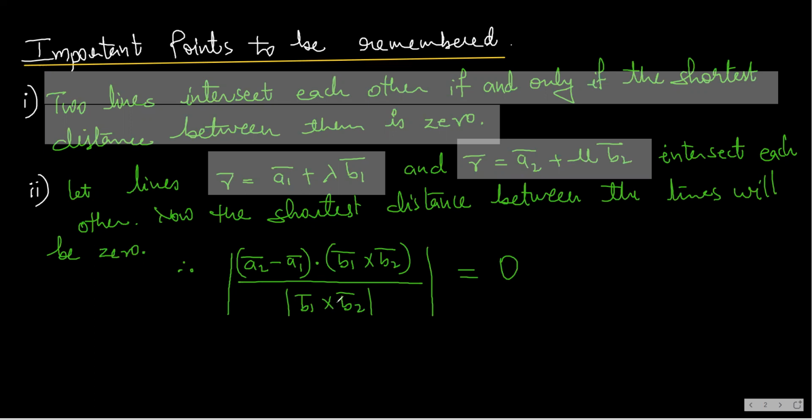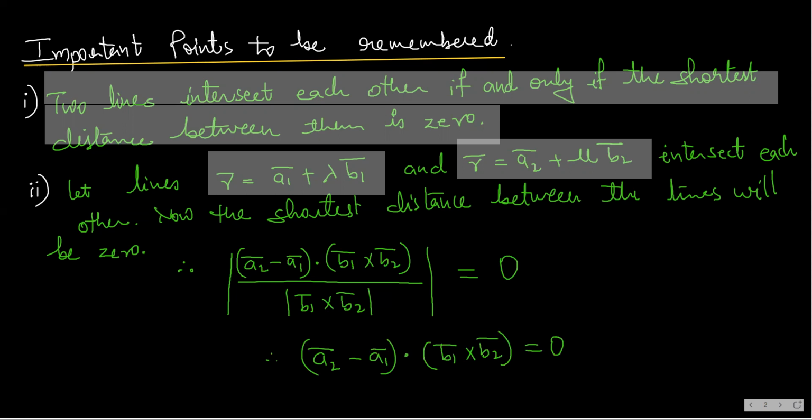Now you understand, when will this be 0? If the numerator is 0. You can say the denominator gets multiplied, cross multiply, and therefore you get a2 bar minus a1 bar dot b1 bar cross b2 bar is equal to 0.